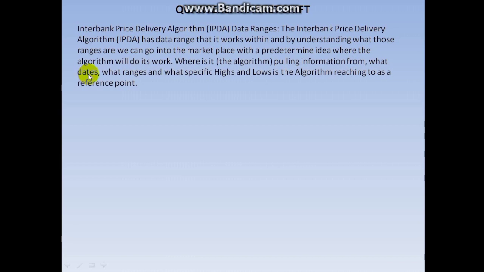Where is the algorithm pulling information from? What dates, what ranges, and what specific highs and lows is the algorithm using as a reference point? Understanding this will help us know the specific data ranges, dates, highs and lows that the algorithm is going to be reaching for as a reference point.